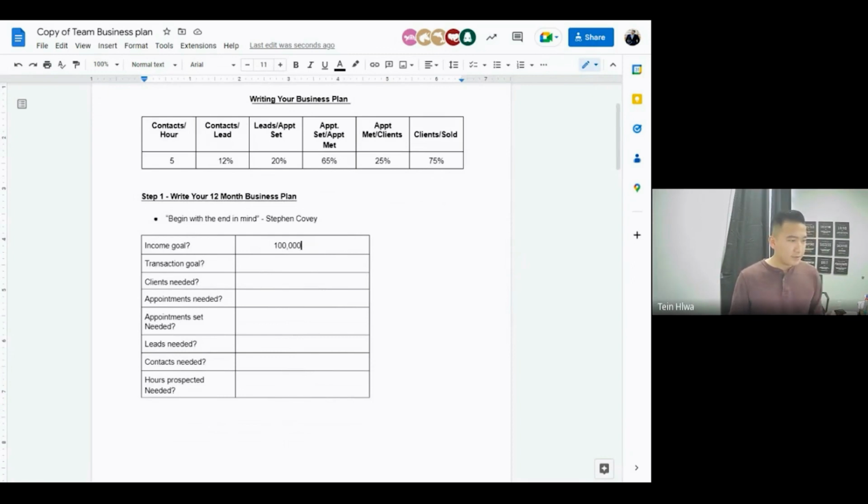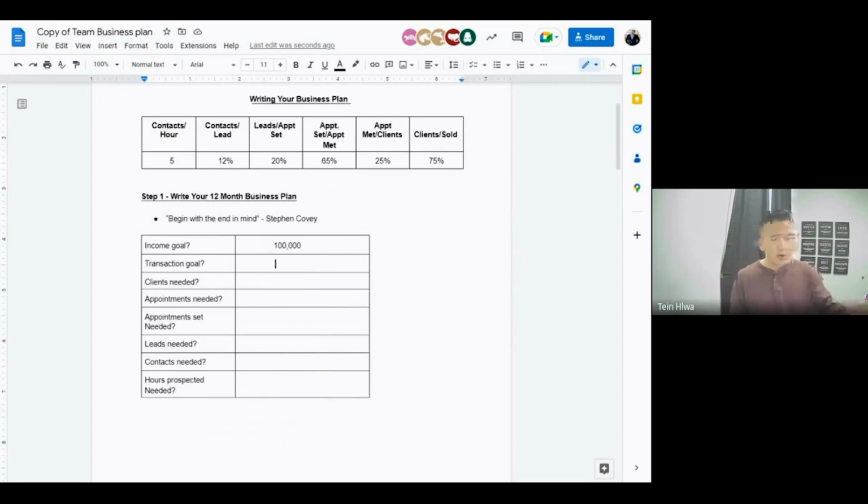All right. Transaction goal, as I was mentioning before, this is where you need to know your average commissions in your area based off of your average sales price. And work off of worst case scenario. So if your average commission is 3%, and then it's, let's just say, $5,000 or $6,000, just bring it down to 5,000, so that way you can work off of worst case scenario.